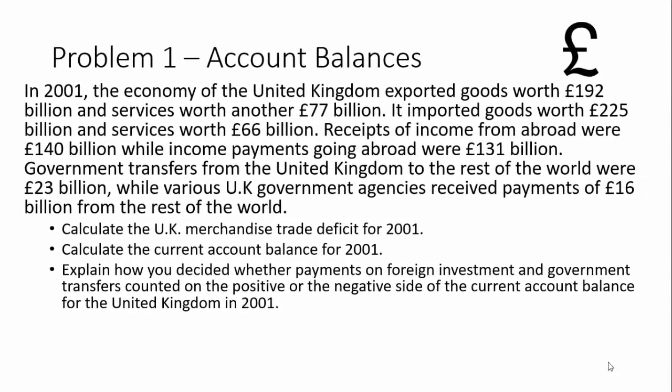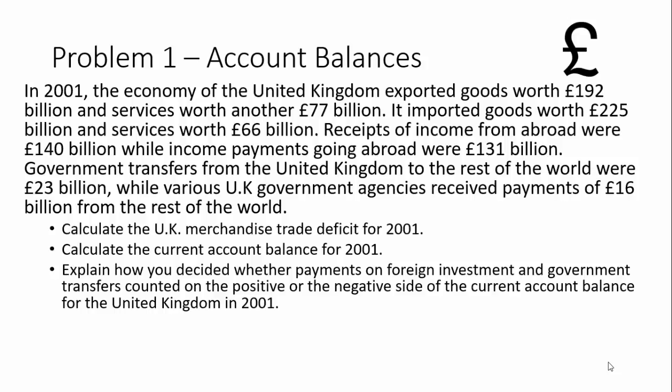So this problem is about account balances. In 2001, the economy of the United Kingdom exported goods worth £192 billion and services worth another £77 billion. It imported goods worth £225 billion and services worth £66 billion.